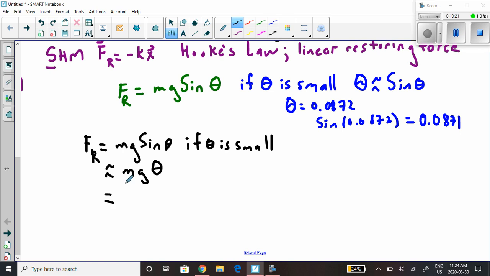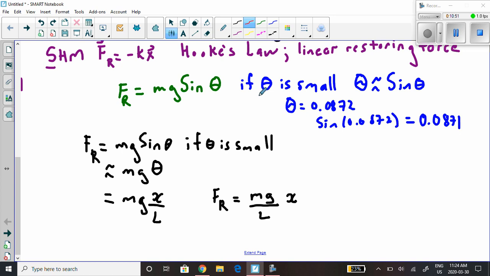I can put in mg times arc length over the radius. So the arc length that the mass at the end of this string goes through, as long as theta is small, becomes our restoring force. And I can then say that the magnitude of the restoring force is equal to mg over L times x.